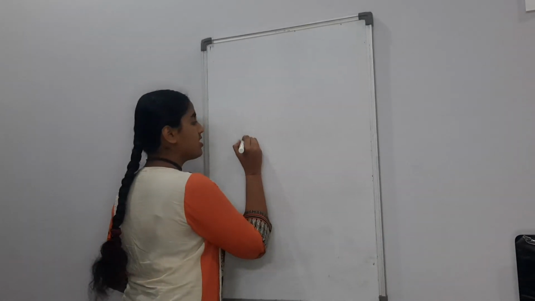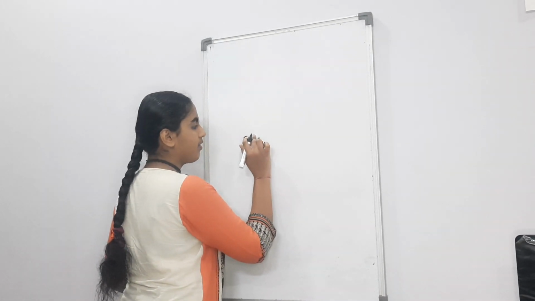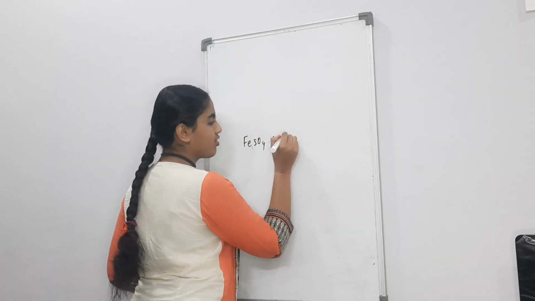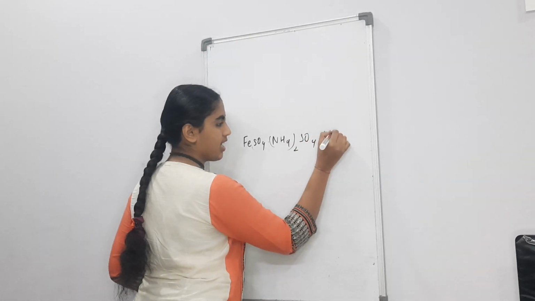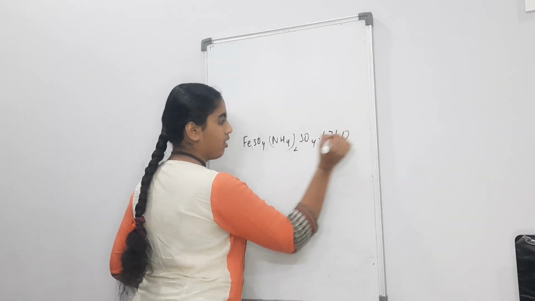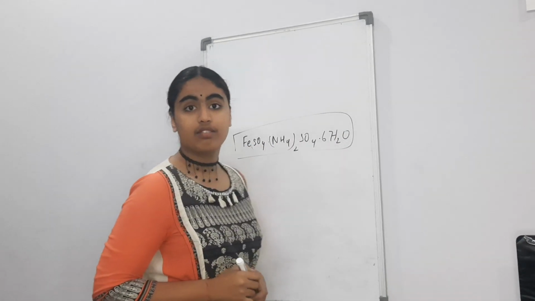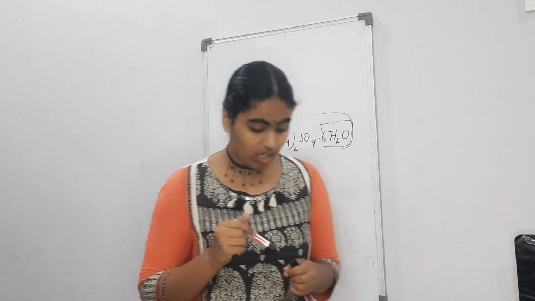The formula for Mohr salt is FeSO4.(NH4)2SO4.6H2O. The 6H2O denotes that this is a hydrated salt, so this is a liquid in solid solution.